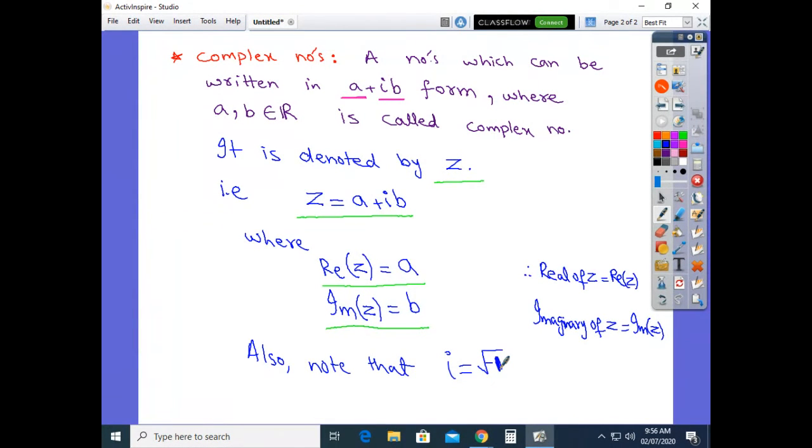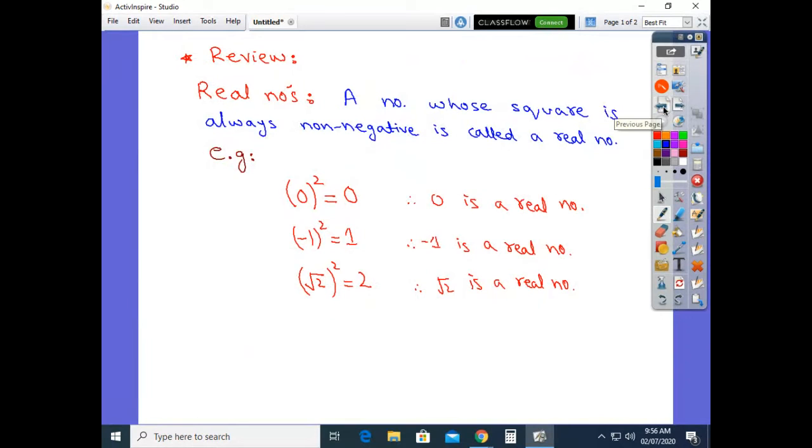In the previous definition of a real number, we defined a real number as a number whose square is always non-negative. If we take the square of 0, we get 0, which is non-negative.